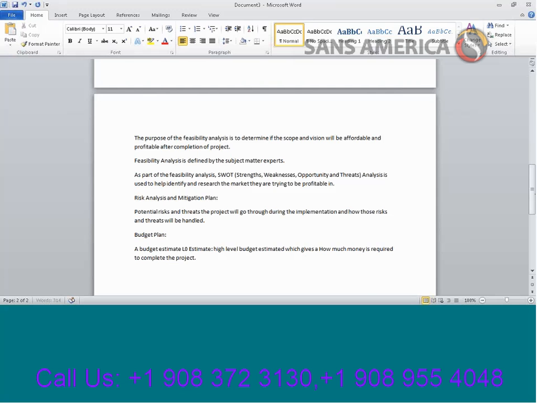I repeat, the L0 estimate is a high-level estimate provided by the technology manager in order to deliver the scope that has been asked for by the stakeholders.